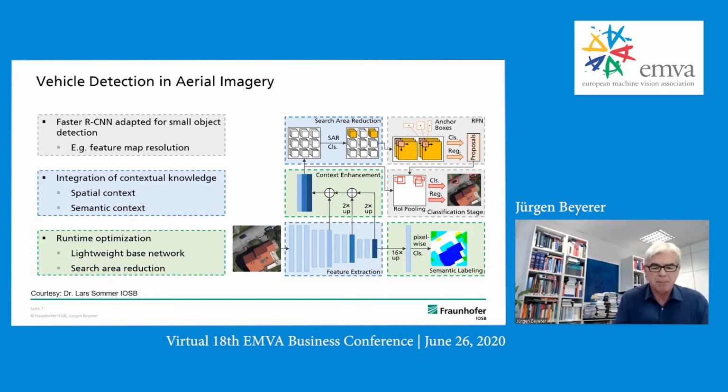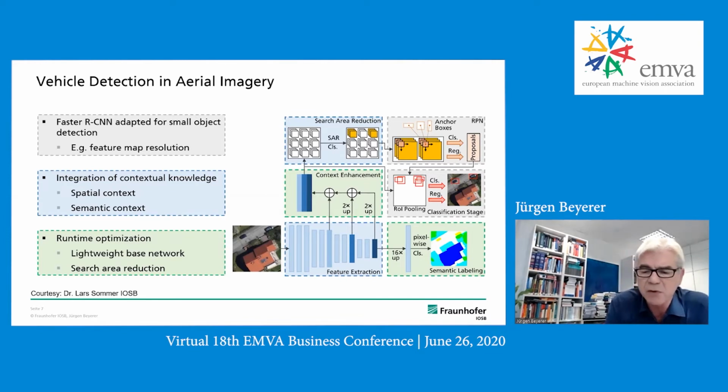The first example I would like to show is the vehicle detection in aerial imagery. The problem is that vehicles in such images cover just a few hundred pixels. And if we want to classify and to distinguish these vehicles, it is very difficult also for CNNs, because the state-of-the-art way to do this detection and classification are region proposal networks.